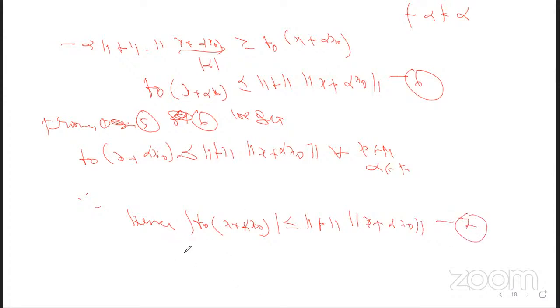So here f naught x is less than or equal to norm f and norm z. F naught z is less than or equal to norm f, norm z, for every z in M naught.